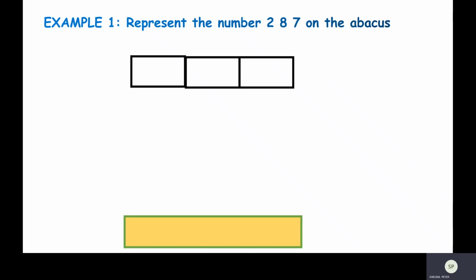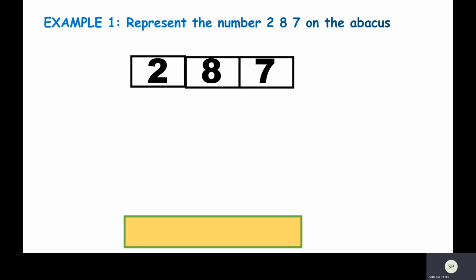Example 1. Represent the number 287 on the abacus. First of all, you need to see how many digits are there in this number. As we can see, we have a 3-digit number, that is 287. Let us represent this number in the box: 7, 8 and 2. So how many spikes will we make? Yes, you are right.